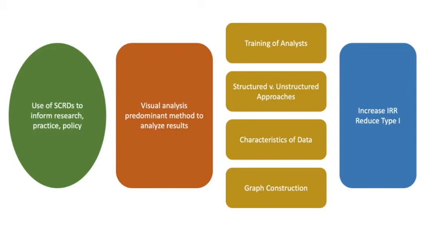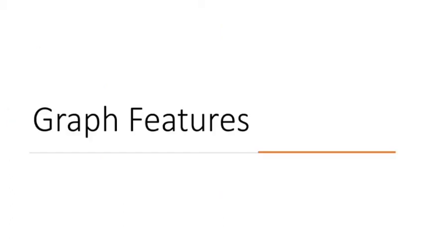We can think about specific characteristics of the data stream that we've collected and how that might impact visual analysis, such as high levels of variability. If we have trend involved, all of those might impact. But for today, we're going to focus specifically on graph construction and how, by thinking about ways to standardize that process, we can minimize some of the impact on inter-rater reliability and type 1 and type 2 error rates.